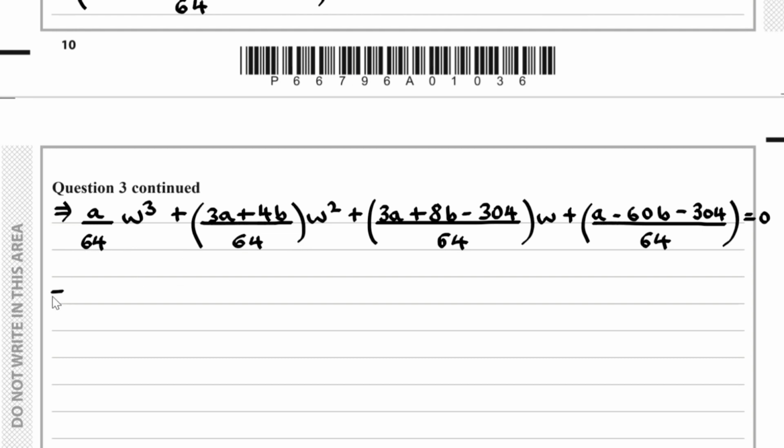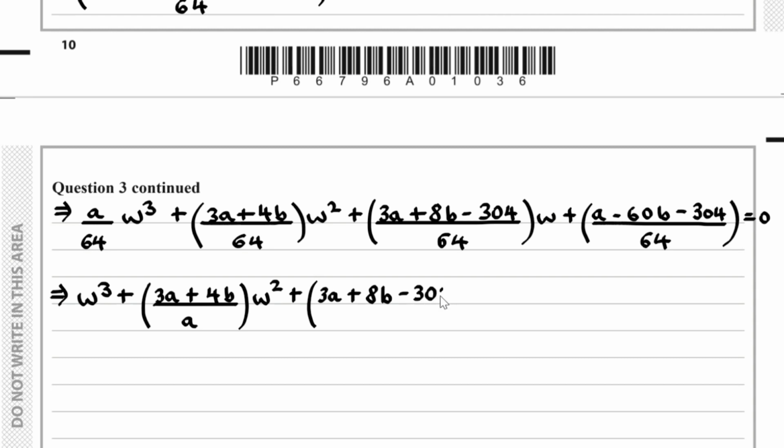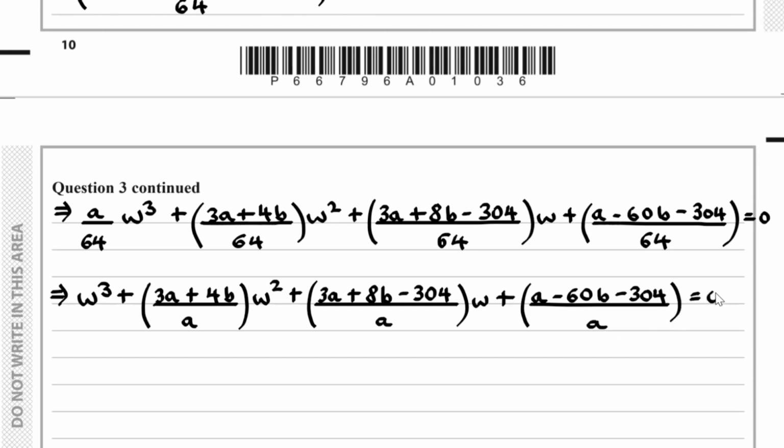And if we do that, we have w cubed plus 3a plus 4b over a w squared, and then we add on 3a plus 8b minus 304 over a w, and then we add on a minus 60b minus 304 over a, and this is all equal to 0.